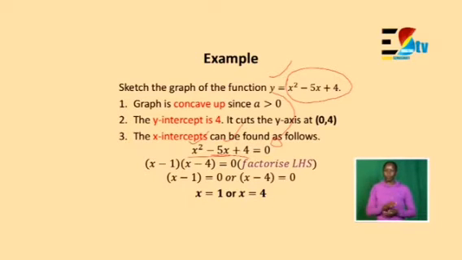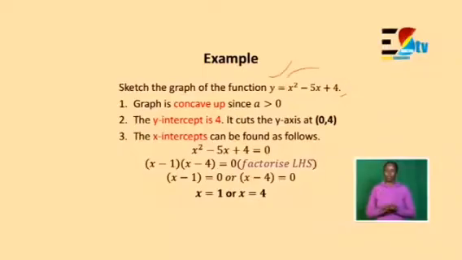So in short, we are solving this quadratic equation. You know how to solve quadratic equations. There are many ways you can use, including factorization, completing the square, and the quadratic formula. But the easiest one, of course, if it does work, is factorization.